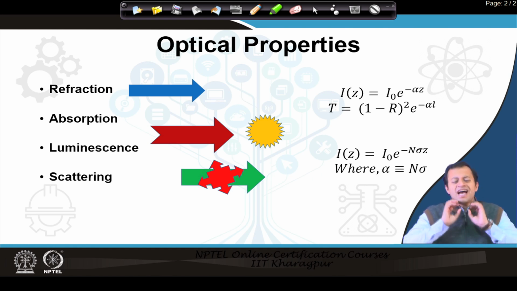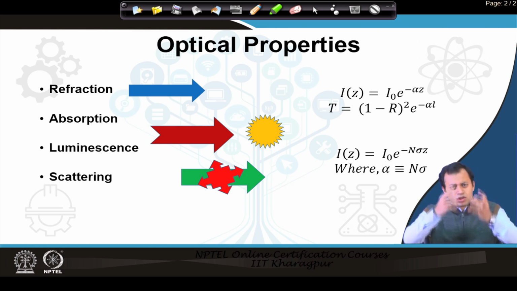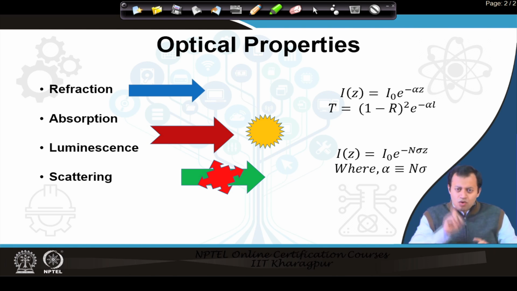So, not just light gets emitted when electron comes back to original position from upstairs to downstairs, it can also come back to the downstairs by simply dissipating heat. So, be absolutely aware that luminescence is not necessarily a compulsory phenomenon, and every absorption does not give you luminescence.